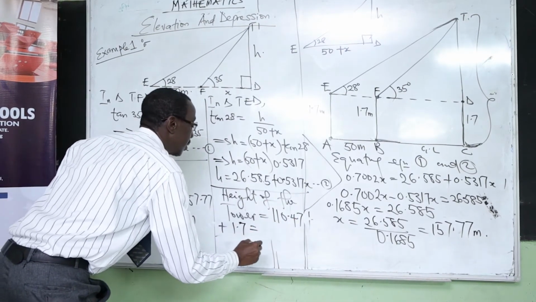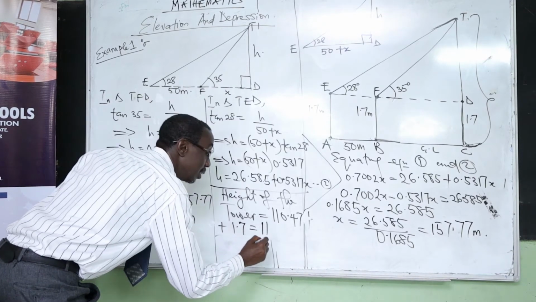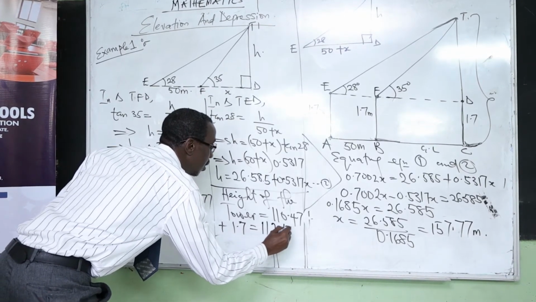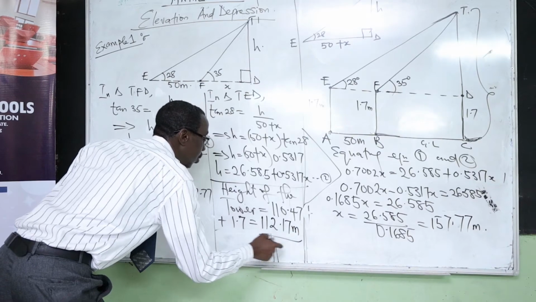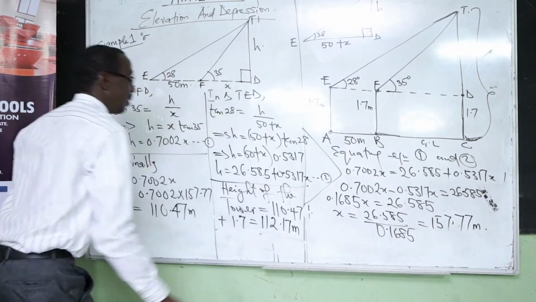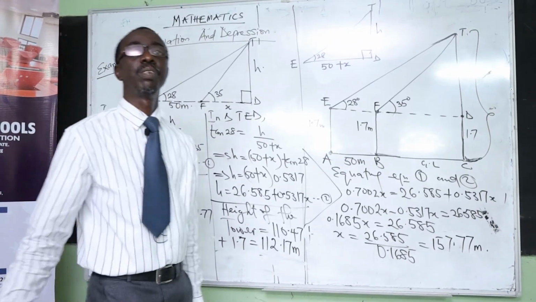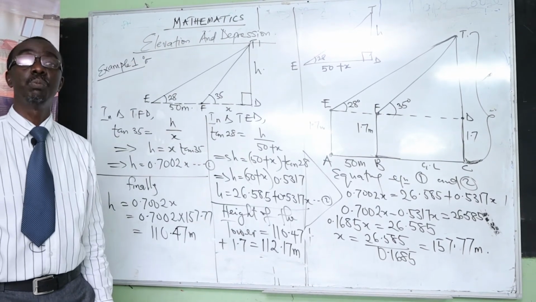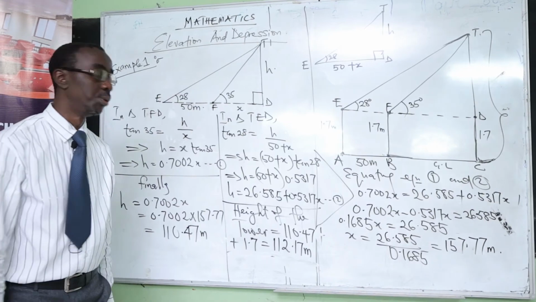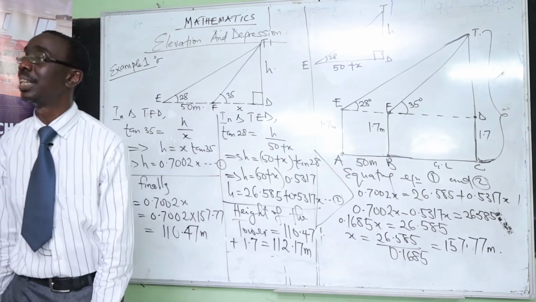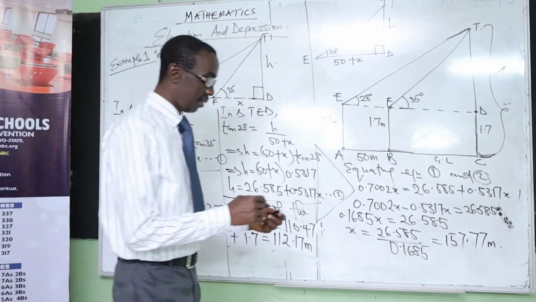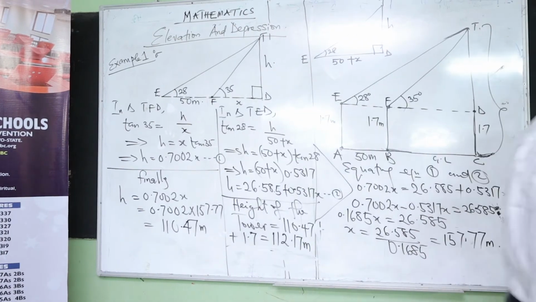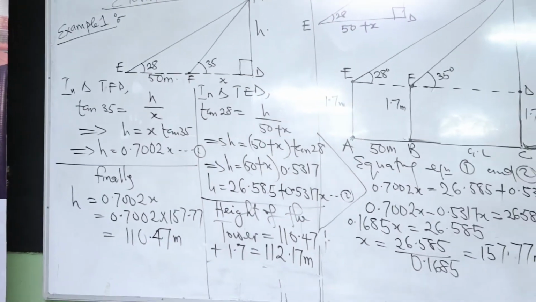What's that? 112.17 meters. Oh, so three significant figures. 112.17 to three significant figures should be 112. Thank you. 112 meters to 3 significant figures. That's the final answer to that question.